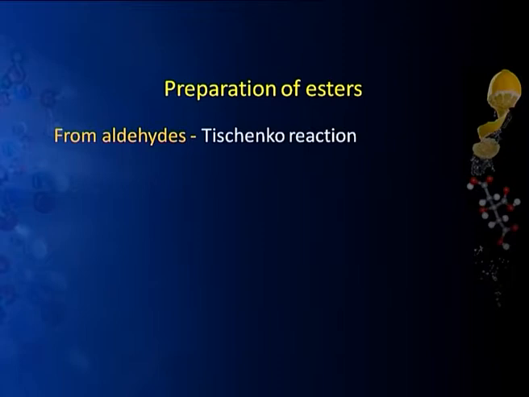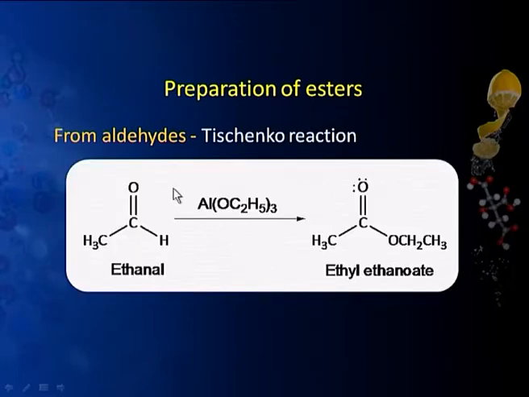In the Tishchenko reaction, this reaction is carried out in a non-aqueous medium. The catalyst used here is aluminium alkoxide, generally aluminium ethoxide. Say ethanal, when it is heated with aluminium alkoxide, we get ethyl ethanoate.